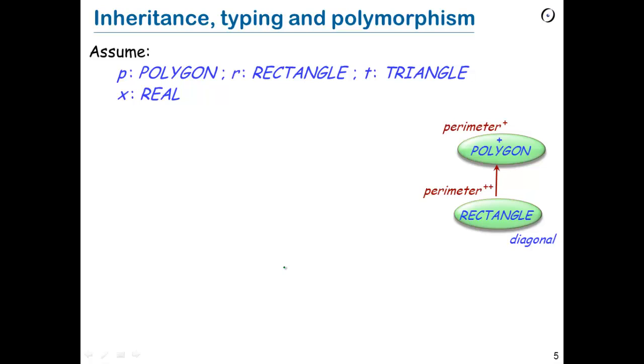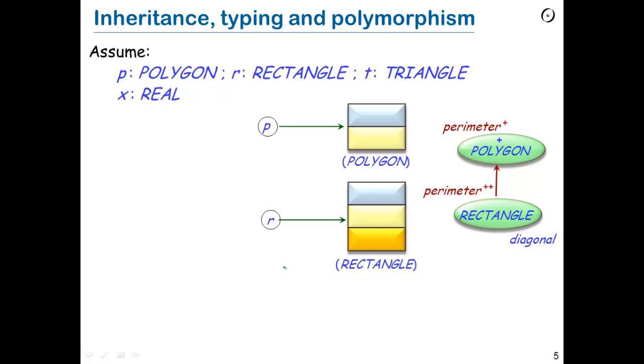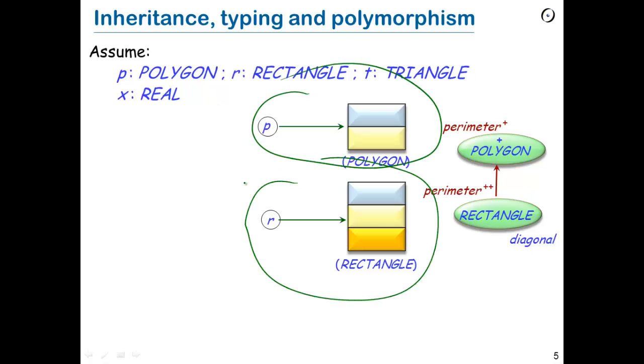Rectangle inherits from polygon. Polygon has a perimeter function, also does rectangle, although a different one, a redefined one. And at the level of rectangle, we introduced, among others, the feature diagonal. And so let's assume that everything has been created. P is attached to an object of type polygon and R to an object of type rectangle.